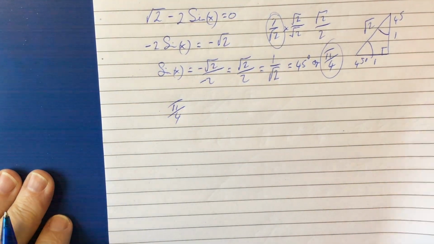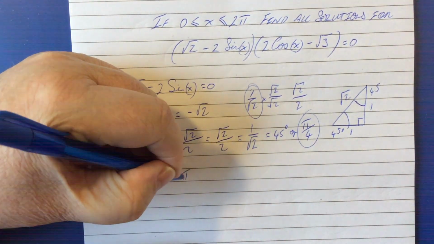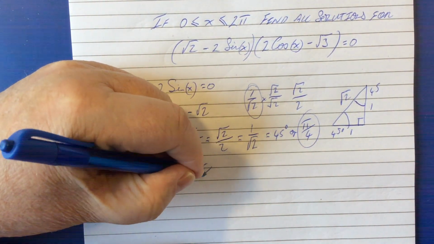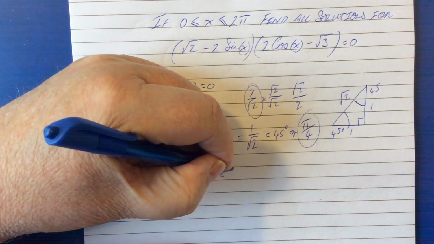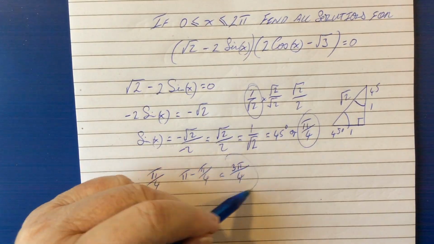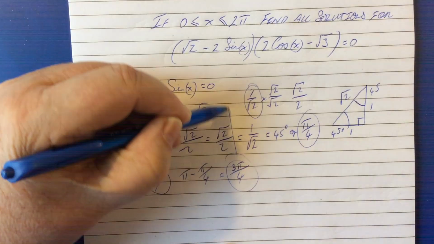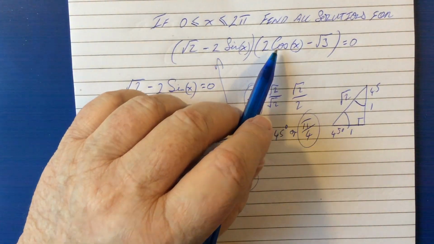So we have our one solution there, pi on 4, and then we have pi minus pi on 4, which gives us 3 pi on 4. Now, that is the second solution. If I just draw an arrow for that. Now, we're going to deal with this.